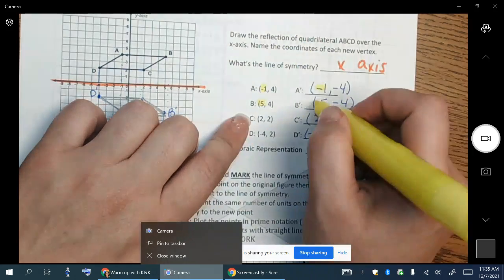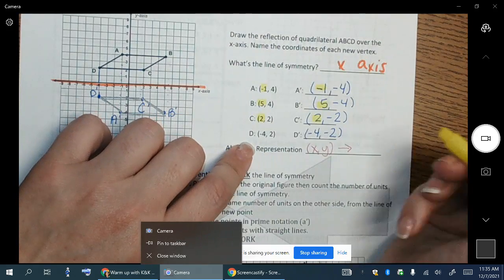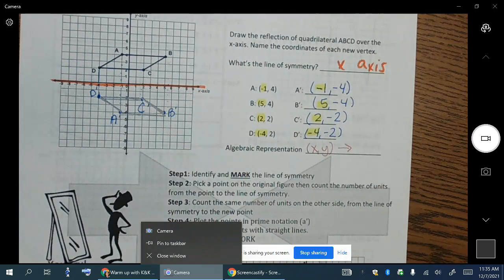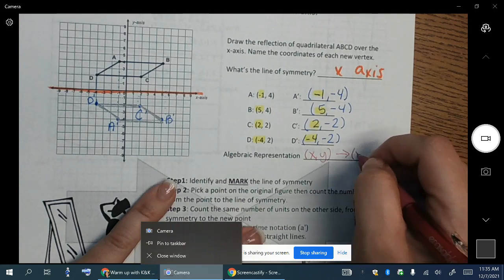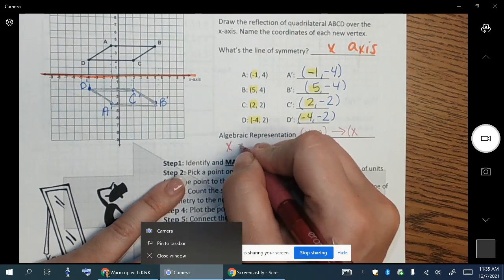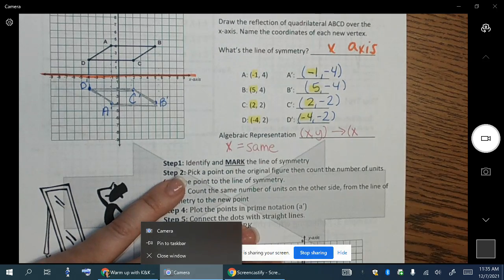B was 5. B prime is 5. C is 2. C prime 2. D is -4. D prime -4. What happened to my x values? They stayed the same. So that's easy. You just copy the x again.